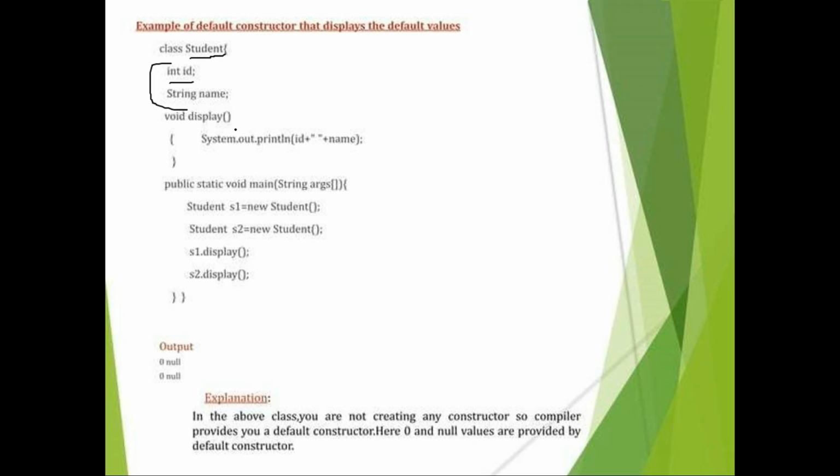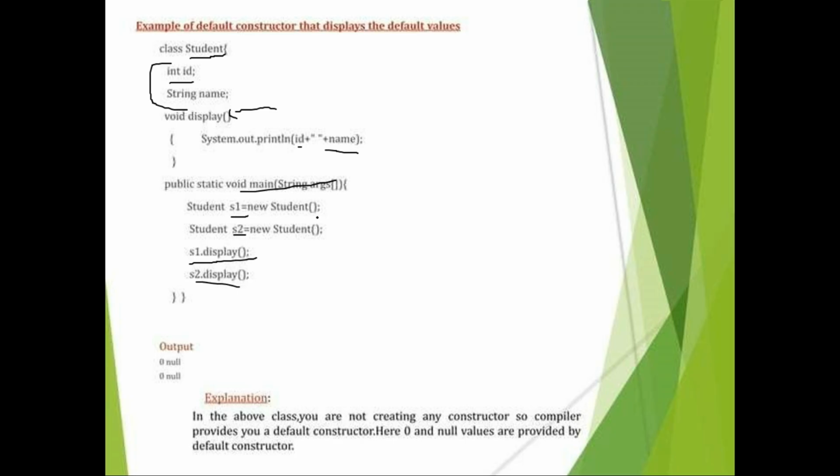We display both the id and the name within the display function. Then we create a main function. Within that main function, we create two objects s1 and s2, and display the student id and the name: s1.display and s2.display.